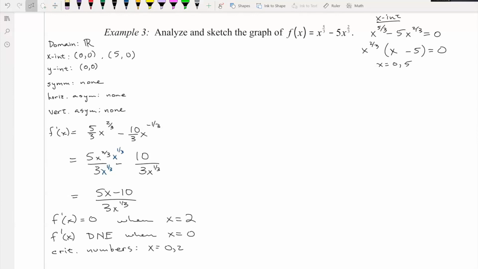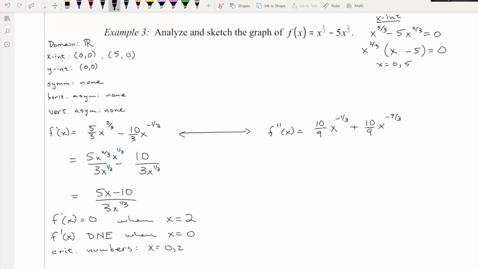All right. Let's go ahead and find f double prime and find possible points of inflection. F double prime of x. I'm going to take this version here and just multiply down in front. So the 2/3 multiplies the 5/3 to give me 10/9 x to the negative 1/3 power, subtracting 1 from the exponent, plus 10/9 again, x to the negative 4/3 power.